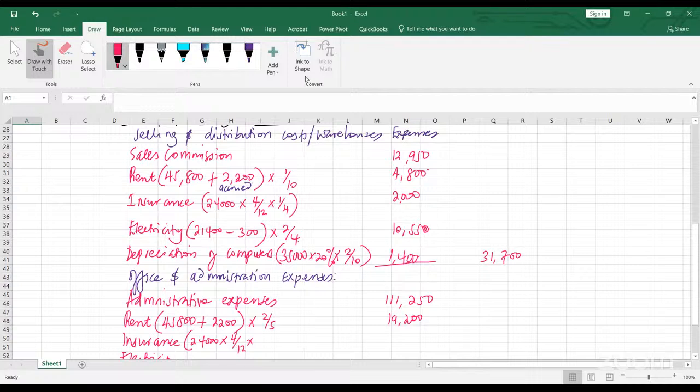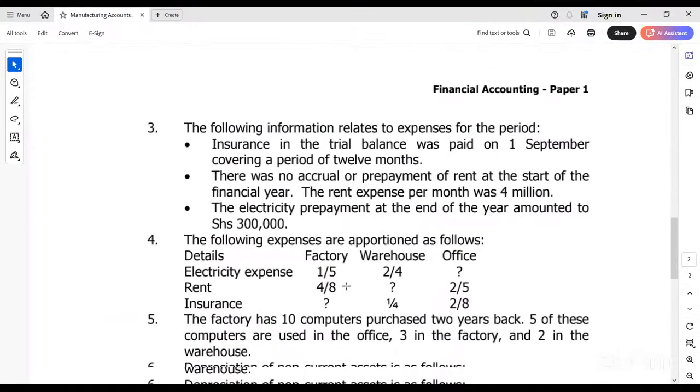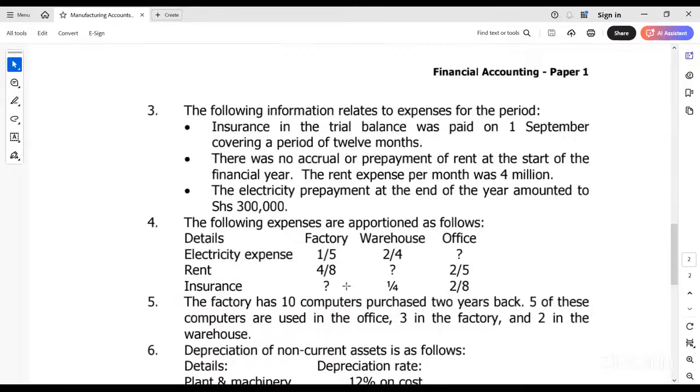Insurance, office and admin. That is 2/8.